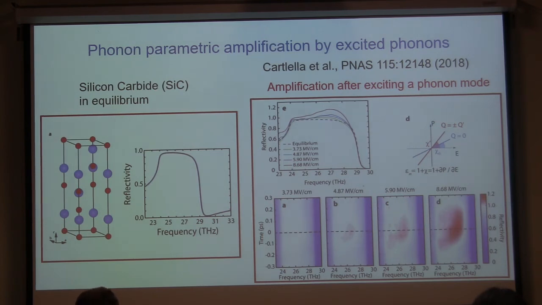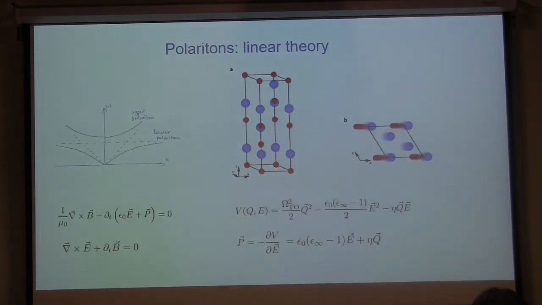They sent a very strong pump field, and after some time, they sent in probe light and looked at the reflection coefficient. What they saw is that after they excited the phonon, they could get a reflection coefficient greater than 1. Again, the material became an amplifier. So somehow we changed the electromagnetic properties of the material by pumping it initially. Okay, so how do we understand this?